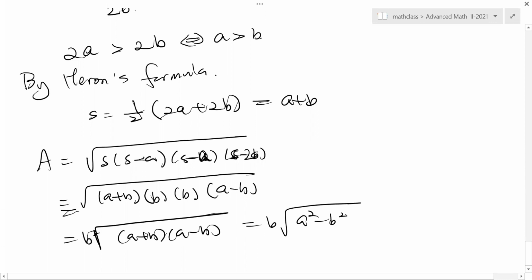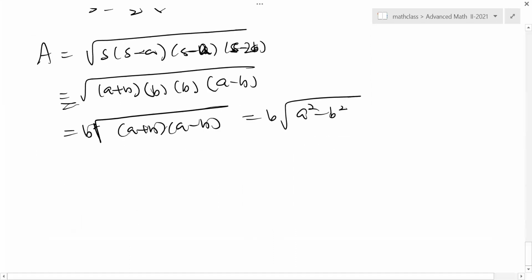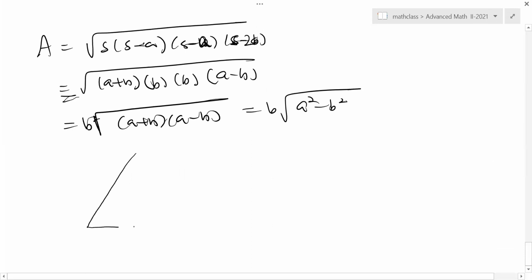Yeah, I just want to make it easier to put 2B there as the base. Another way to solve the problem is that the isosceles triangle consists of two right triangles.